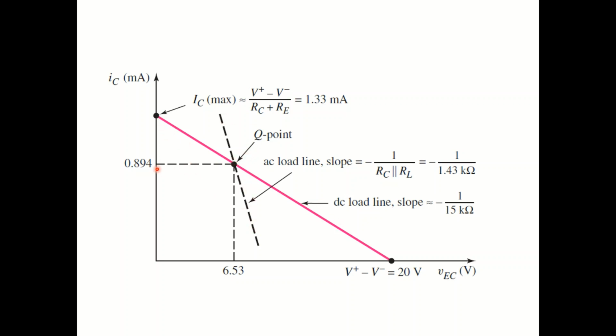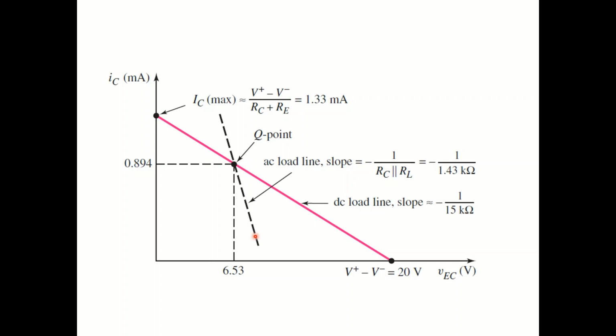First, we figure out the equation and the slope, right? So we can plot out our DC, then we put on the Q point, then we figure out the slope for our AC load line, and we can draw out that slope.